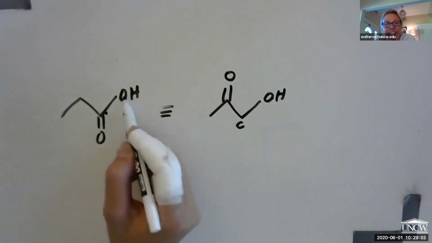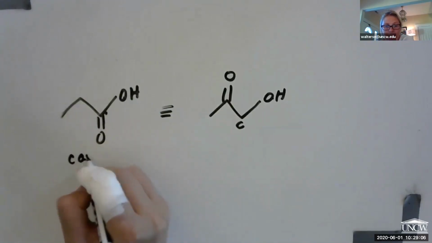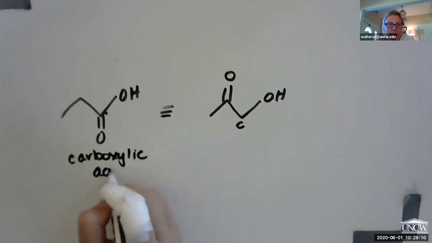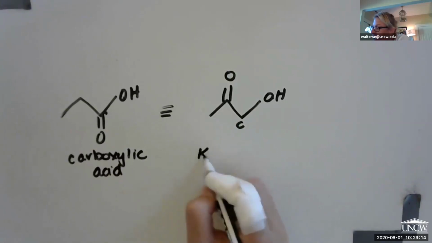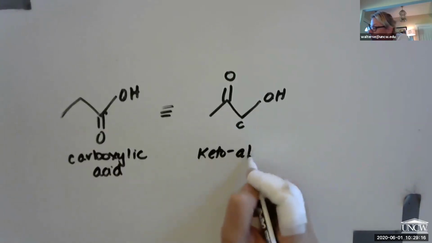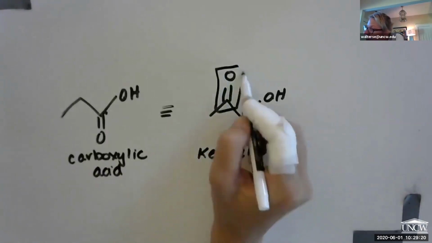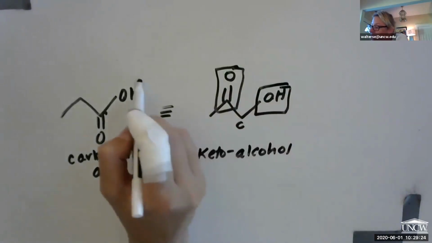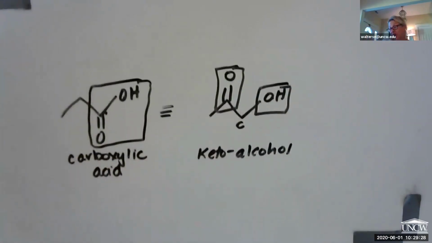The carbonyl is connected to the hydroxide. So this is a carboxylic acid. This is called a keto alcohol because it has a ketone here separate from an alcohol here. Whereas this whole group is the carboxylic acid. So you have to be really careful about that.